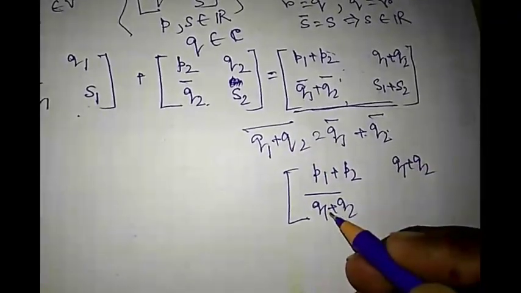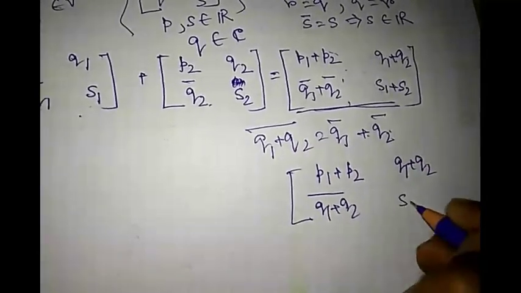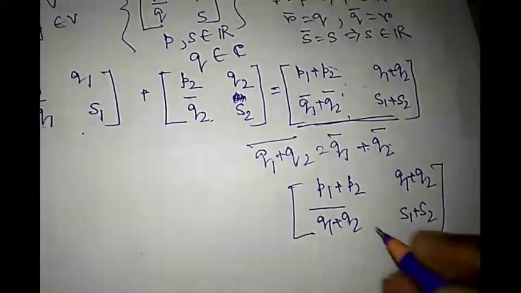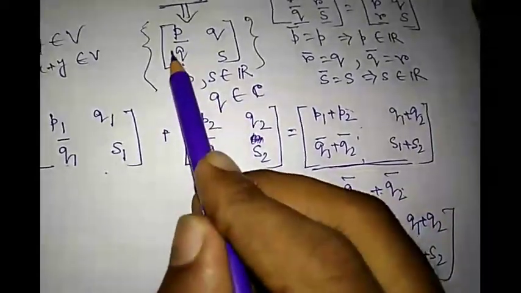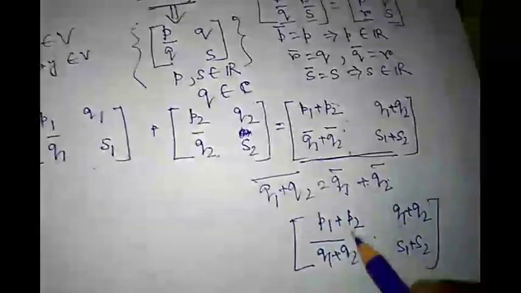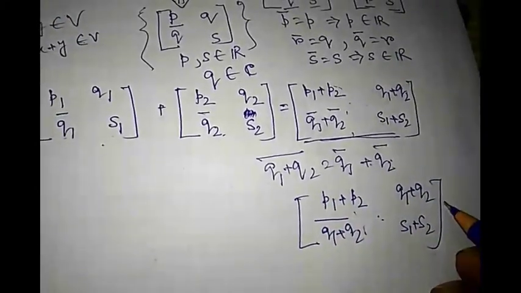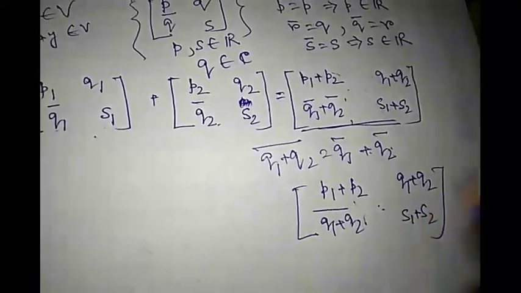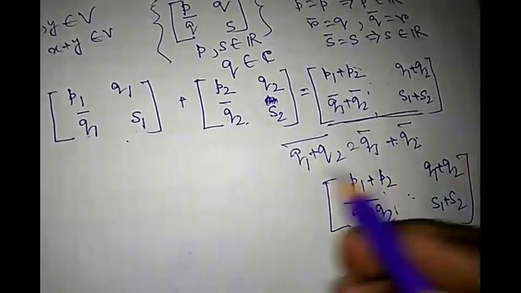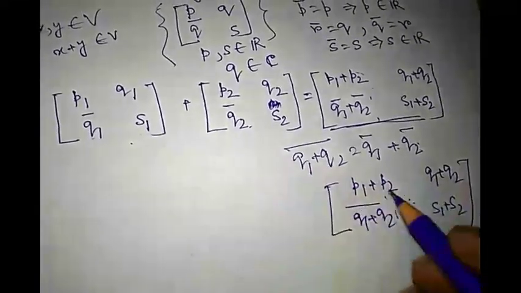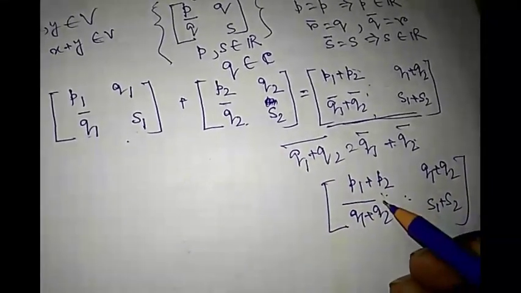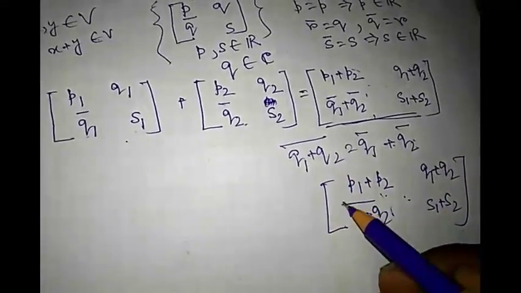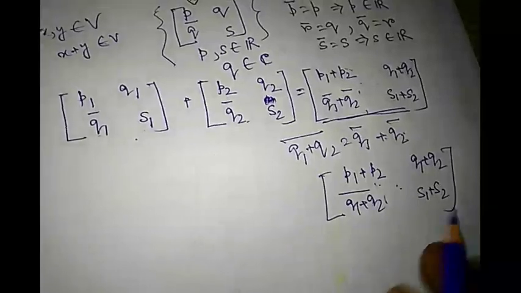So this matrix is of that form, hence it belongs to the vector space of all 2 by 2 Hermitian matrices. So the sum of 2 by 2 Hermitian matrices is a Hermitian matrix, and under addition they are closed. We have proved it.